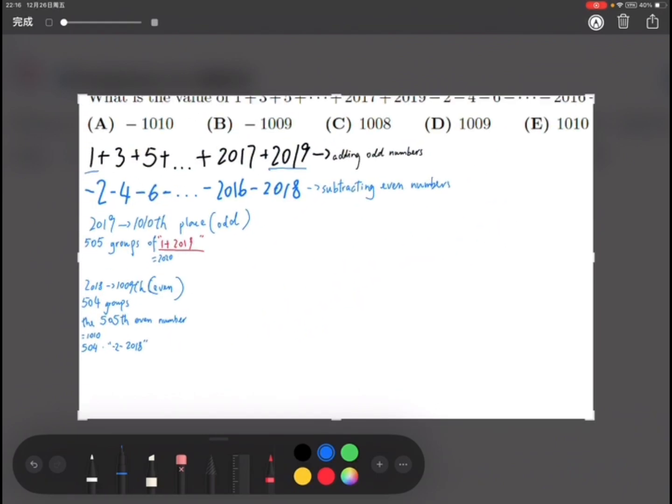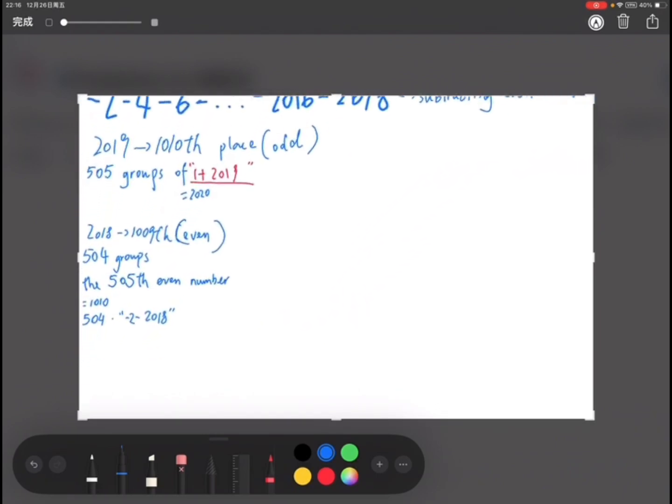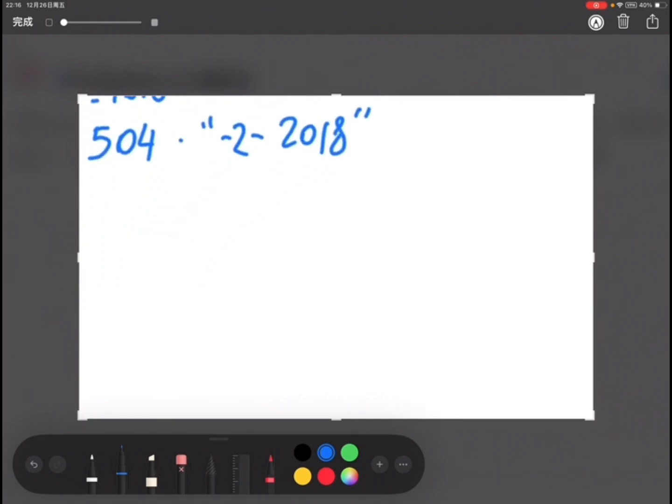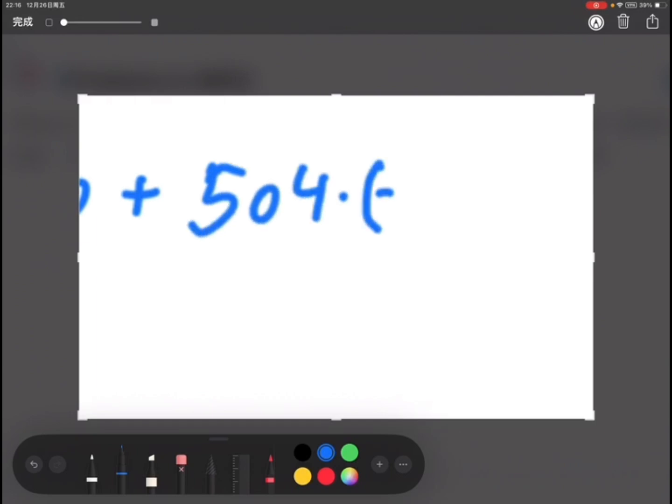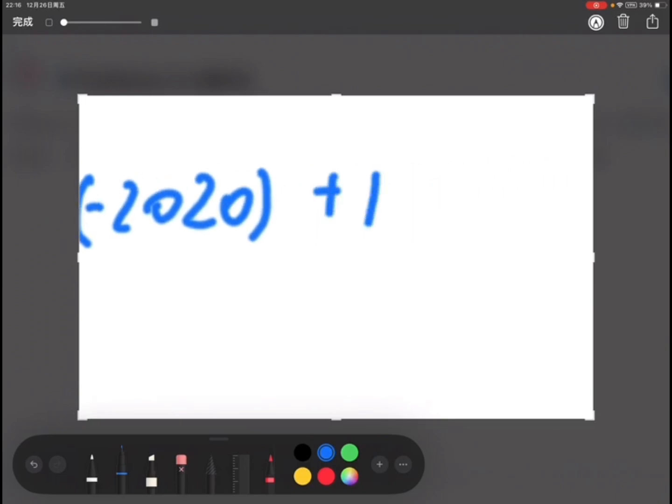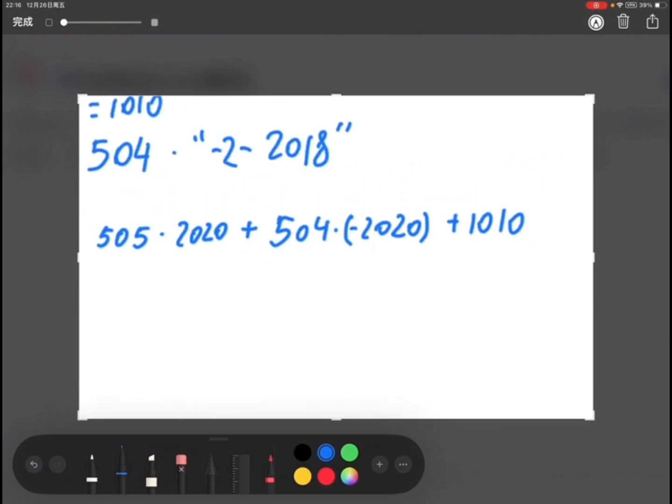And so if we add all of them together, we would get 505 times 2020 plus 504 times -2020 plus 1010. So here there's 504 and here there's 505.